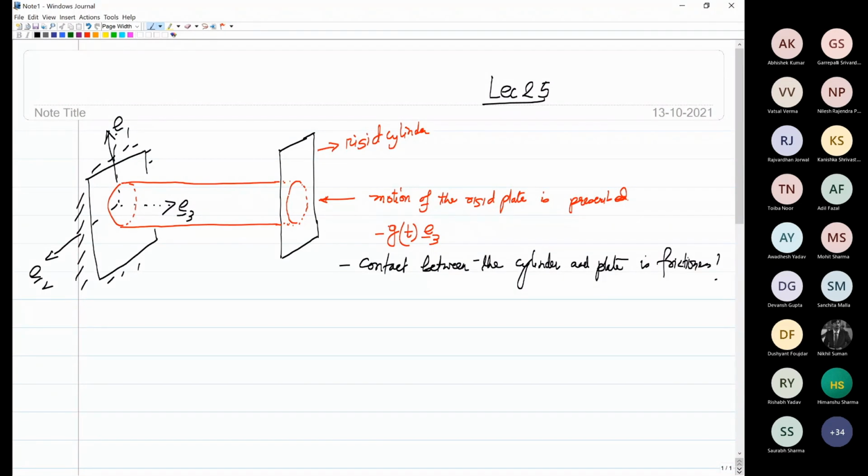Okay, so I think I had asked you guys to think about what boundary condition will be here. Can someone tell me what will be the boundary condition? So at x3 equal to 0 and on lateral surface it is the same as earlier.